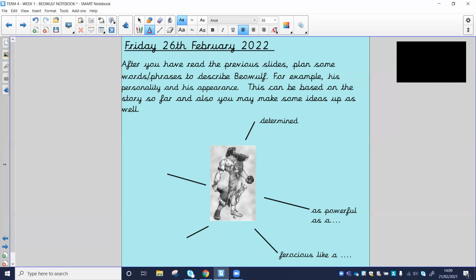So that's going to be the beginning of next week's writing, but today is just what things would Beowulf want to describe about himself to make him seem like he is the man for the job. Okay, so words, phrases to describe Beowulf.